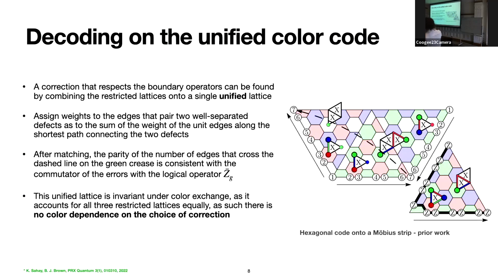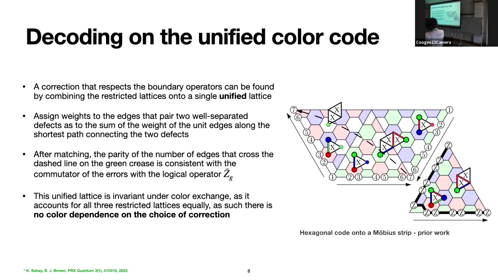That's what was shown in the work by Kavya and Ben. They took all these symmetries of the color code and glued them, making sure that the boundaries have to match. Now at the boundary, we don't have this violation of the defect conservation law anymore, and this should hopefully give us some information to match better.